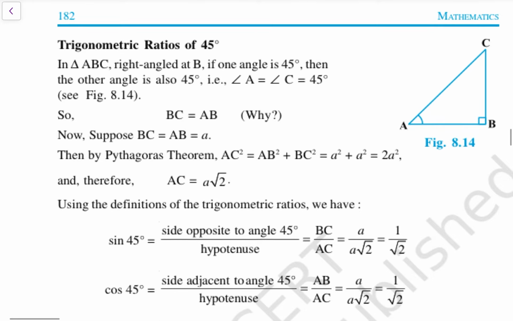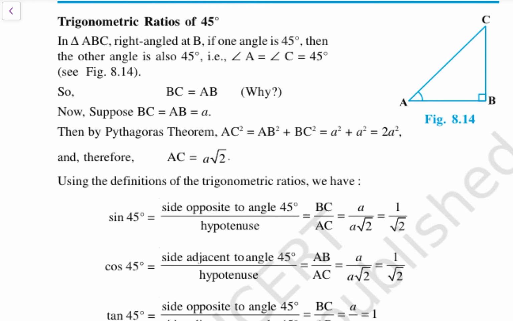Now let us first take up trigonometric ratios for 45 degrees. In triangle ABC, right angled at B, if one angle, that is angle A, is 45 degrees, then the other angle is also 45. Why?